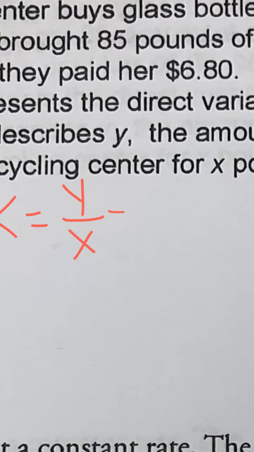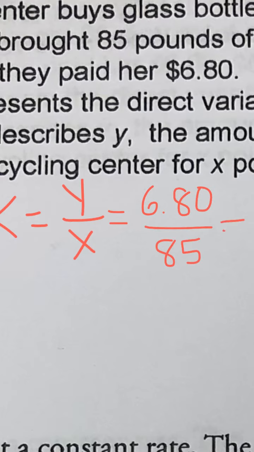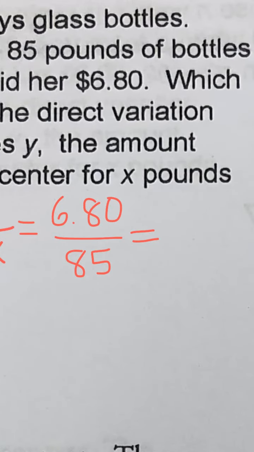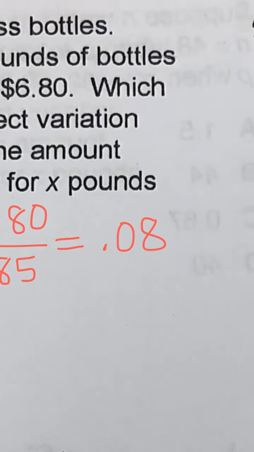So that's really all I'm going to be doing. I'm going to be doing 6.80 divided by 85. Once I input this into the calculator, I get 0.08. And that right there is my k. Now remember, the equation is y equals kx.